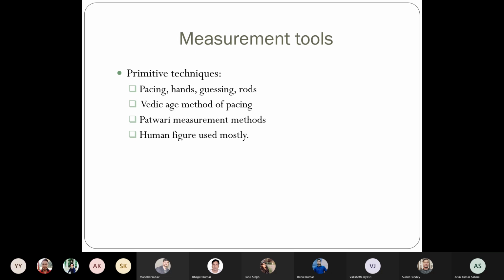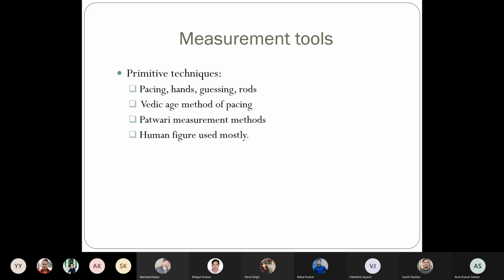But these techniques have a lot of limitations because they are not very fast. They consume a lot of time for the measurement as well as being labor intensive, and you can't even use these techniques until you first clear the space for the measurement.